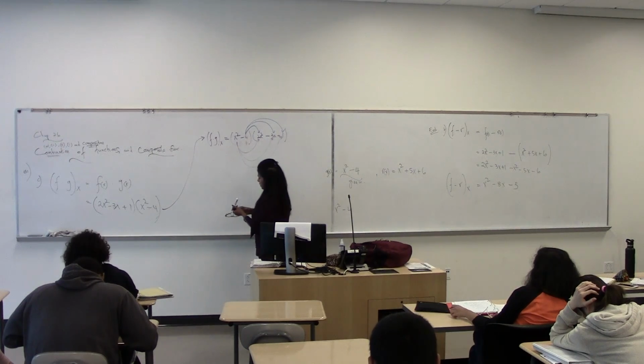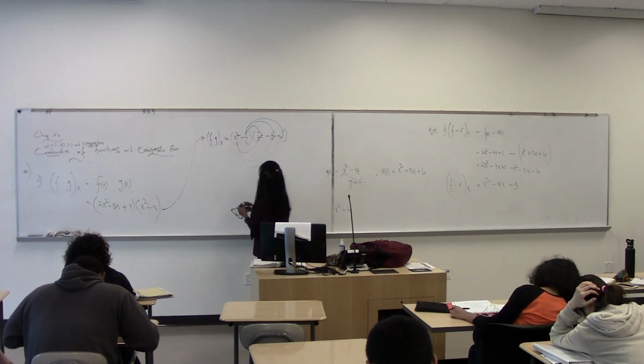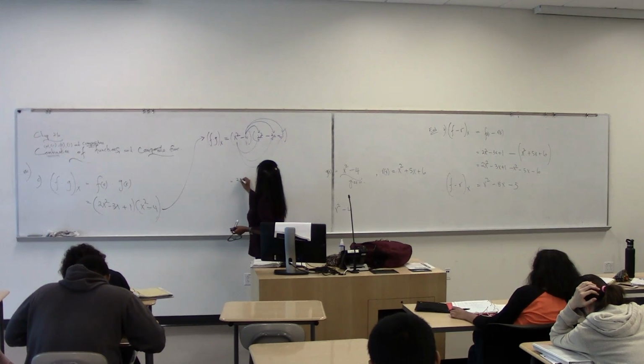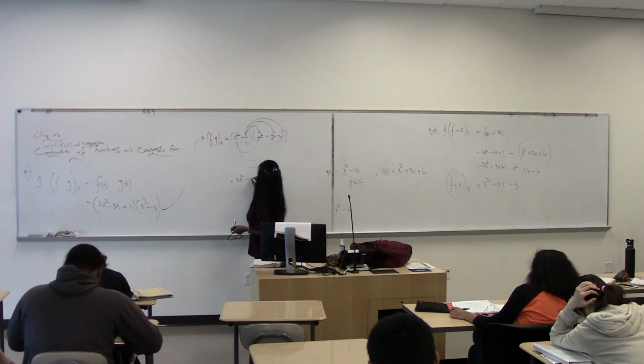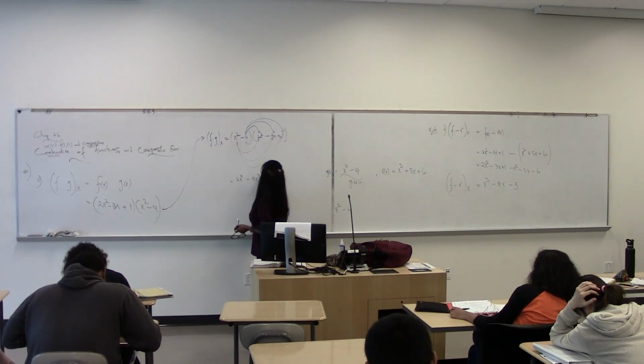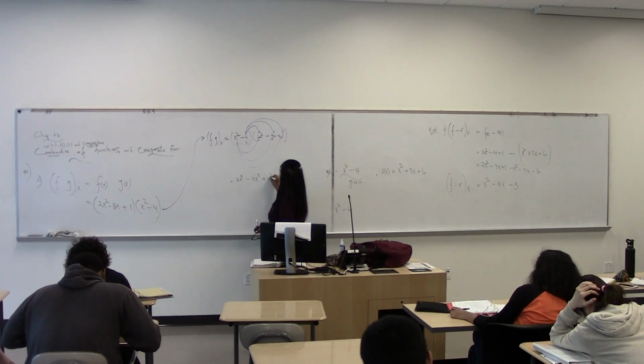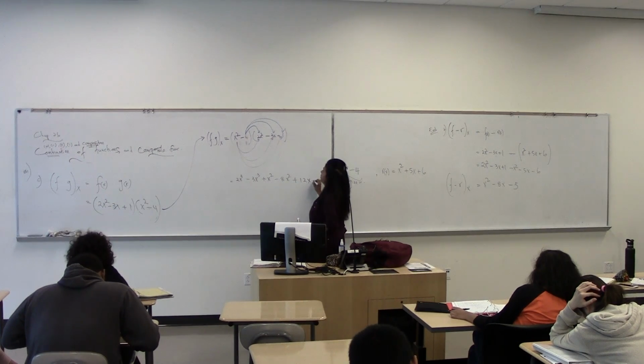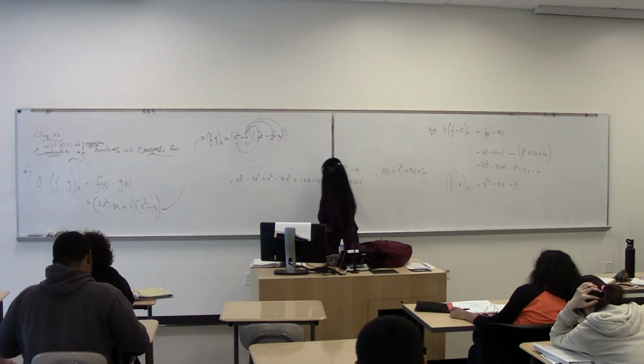Let's do this real fast. 2x to the 4 minus 3x cubed plus x squared minus 8x squared plus 12x minus 4.